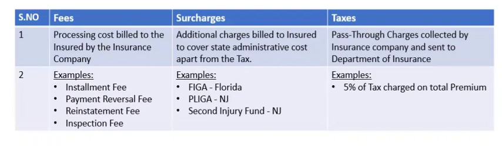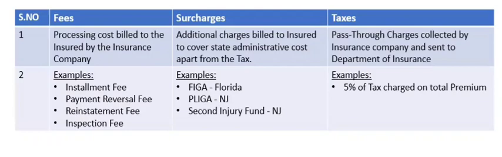The second line item could be a surcharge. An additional charge billed to the insured to cover state administrative cost apart from the tax. Sometimes your invoice will have something like a PLIGA charge or second injury fund. For example, take FIGA in Florida, where we know most of the time there are catastrophic losses.